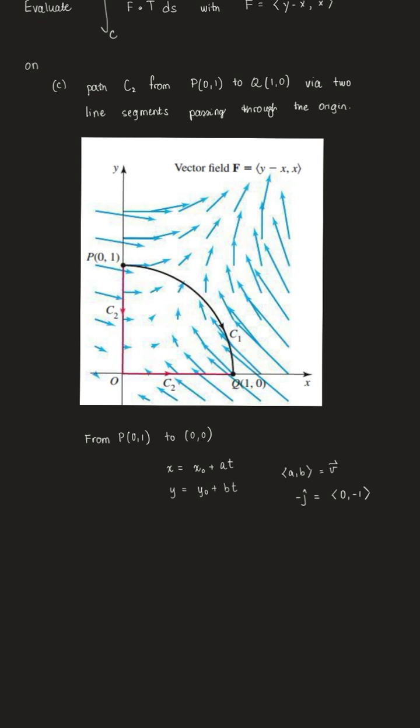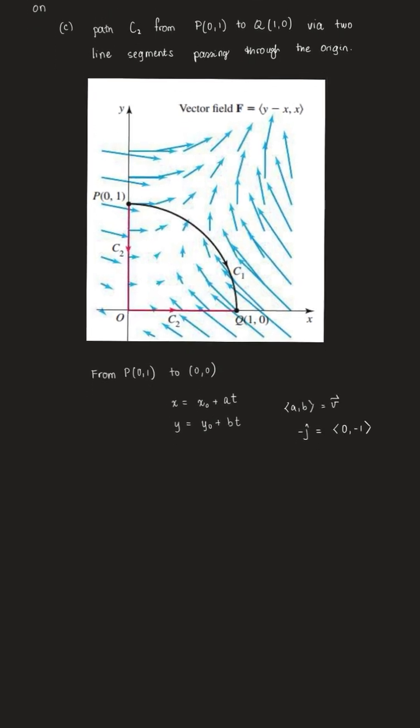If we write the parameterization, remember that we'll also need a parameter interval for t. If we're going to start at P, that's the first point we're going to use for x0, y0. So x equals 0 plus 0t, so x is just 0, and y equals 1, that's the y coordinate of P, minus 1t.